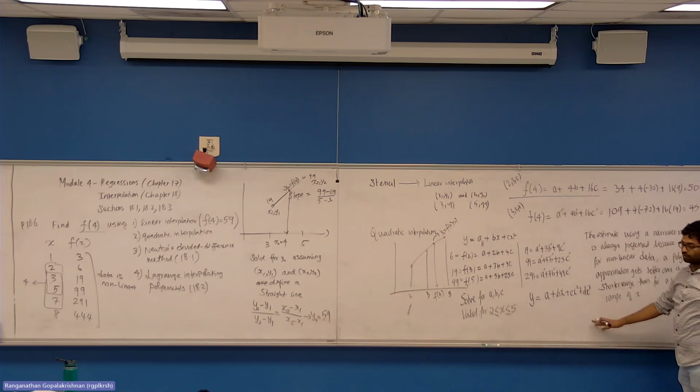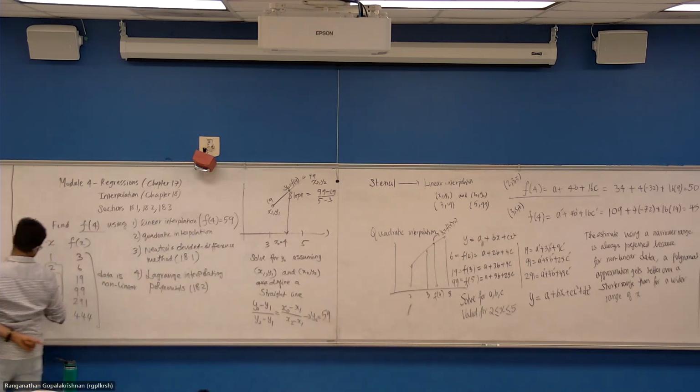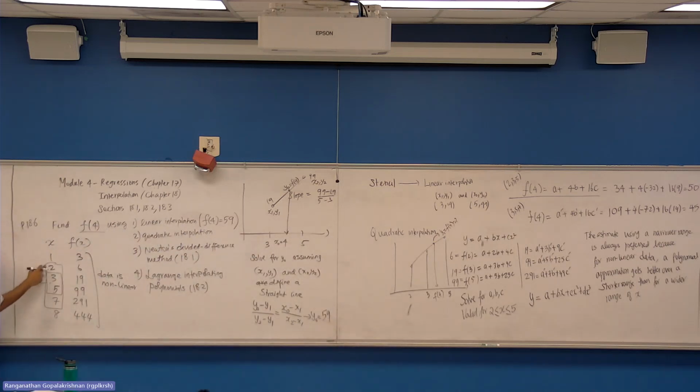Four equations, four unknowns. The number 4 is contained between 1, 2, 3, 5, and also between 2, 3, 5, 7, and also between 3, 5, 7, 8.